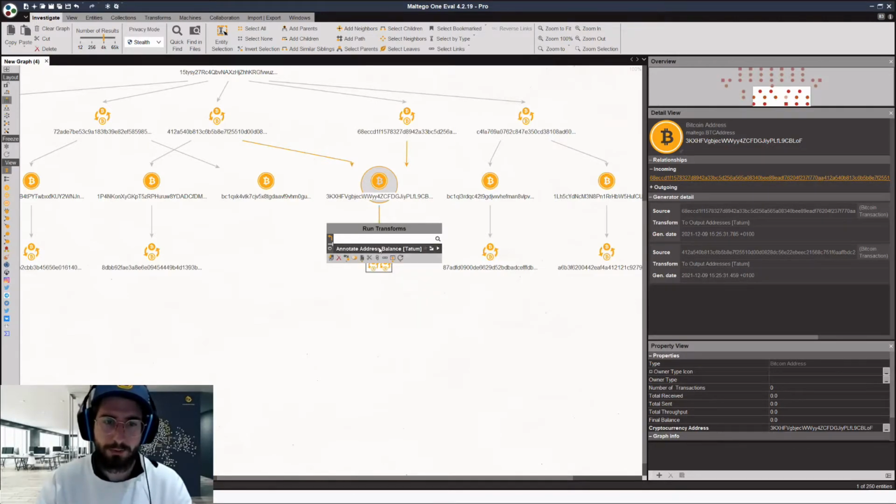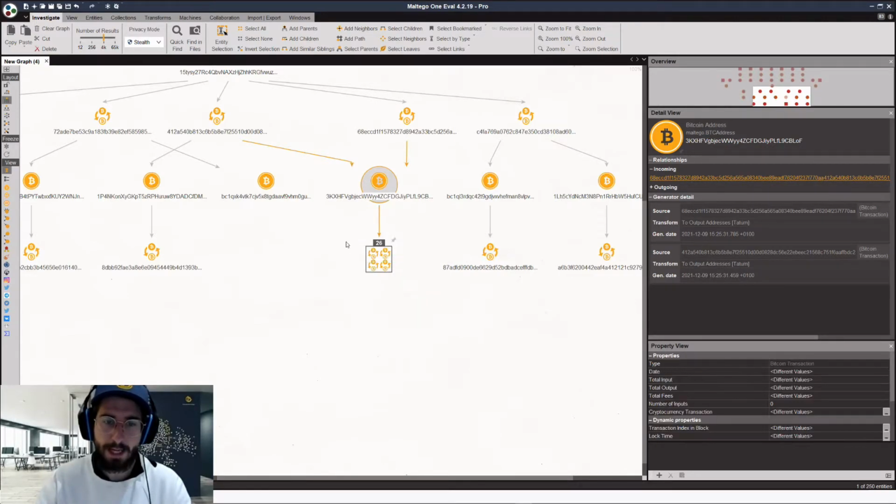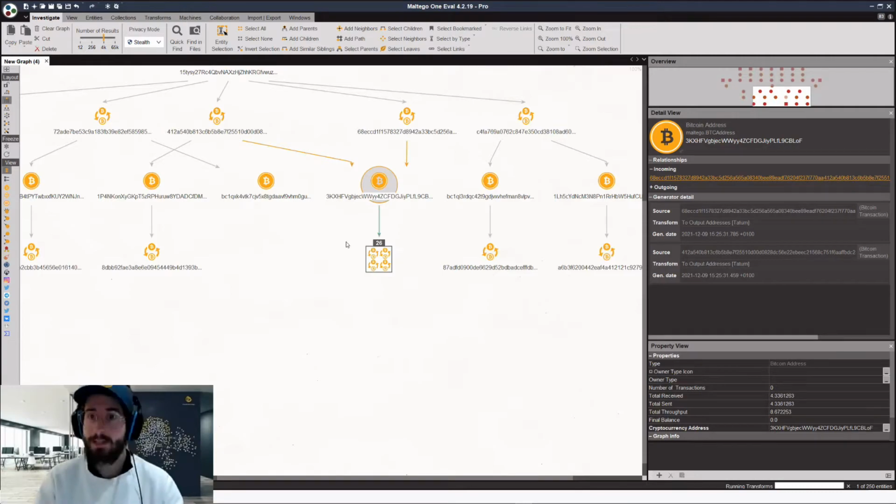To do so, we're going to use the detail, annotate address balance. And this is going to give us a quick rundown of how many Bitcoins went through that address. And we got 4 Bitcoin received and 4 Bitcoin sent. So at one point earlier this month, that was $2,000, maybe a bit less now, but that's still quite a hefty sum of money.